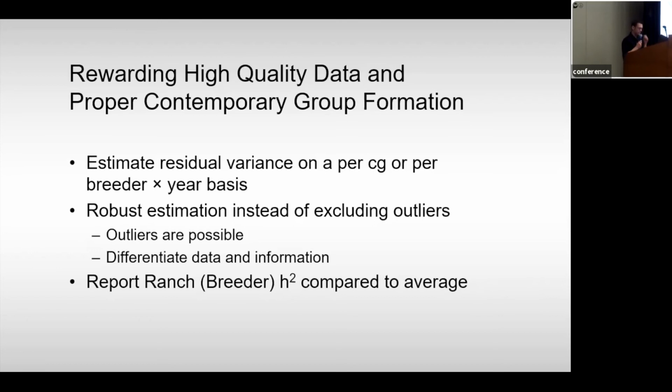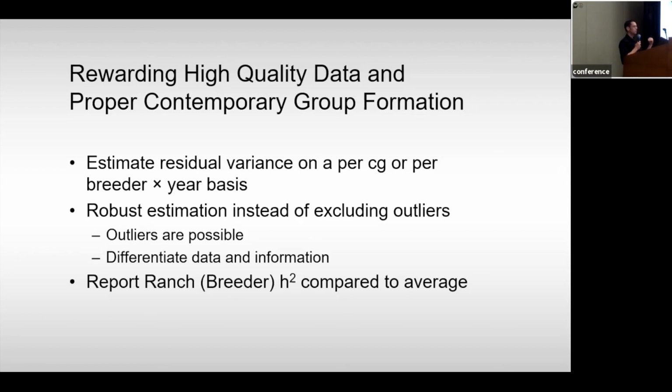Thanks, Mark, for that clarification, and maybe a bit of a plug for a talk tomorrow. So the idea that some breeders use a digital scale to measure birth weight. Some breeders use a hoof tape. Some breeders maybe don't use either, but still report birth weight. But the model doesn't know that.